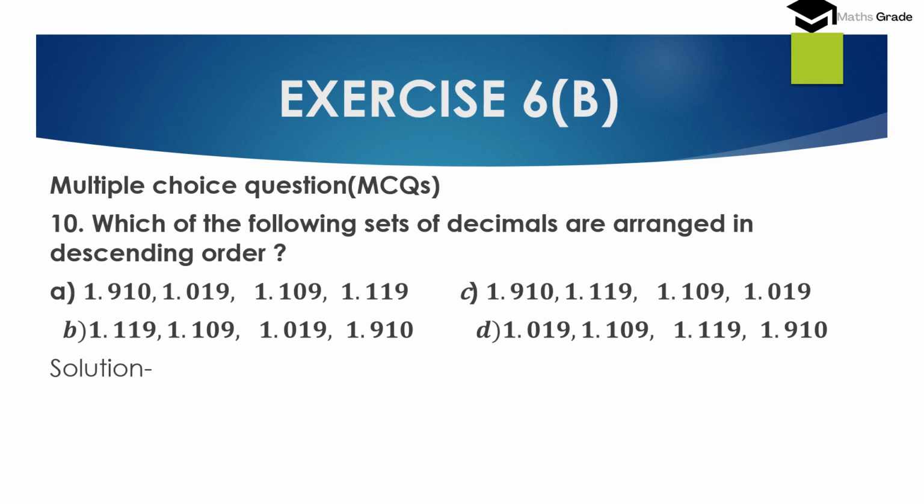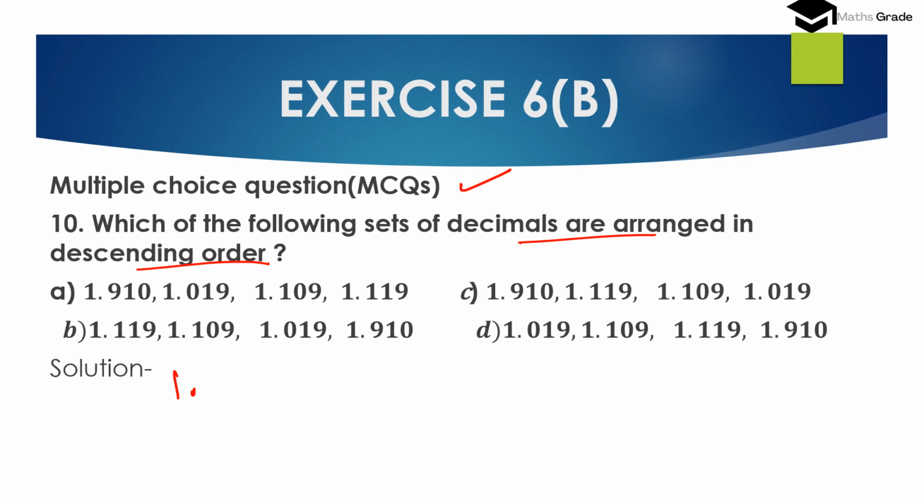Now question number 10, multiple choice questions, MCQ. Which of the following sets of decimals are arranged in descending order, that is from the largest to the smallest decimal? We have to find out which option is correct. So 1.910, all have 1 in the whole part. Then 9 is in the 10th place, and here also 9.